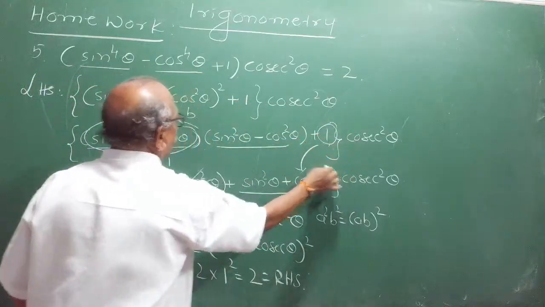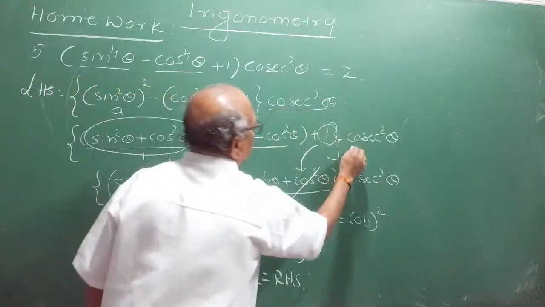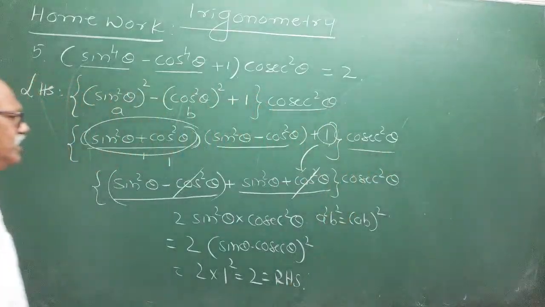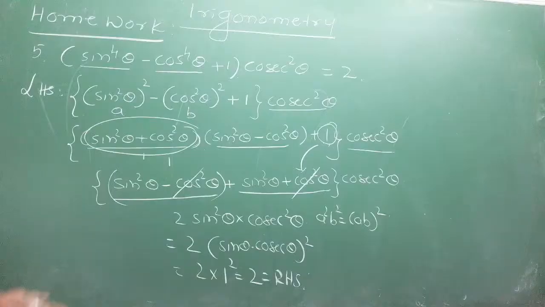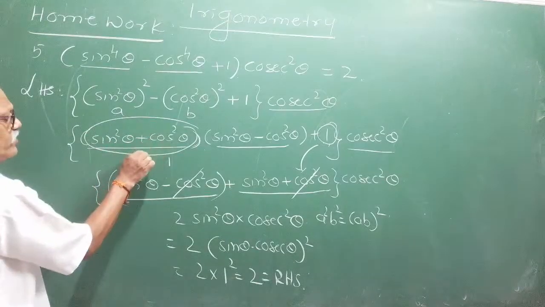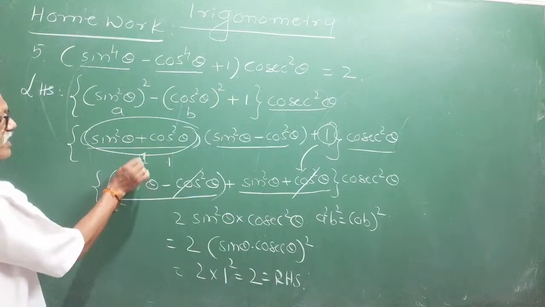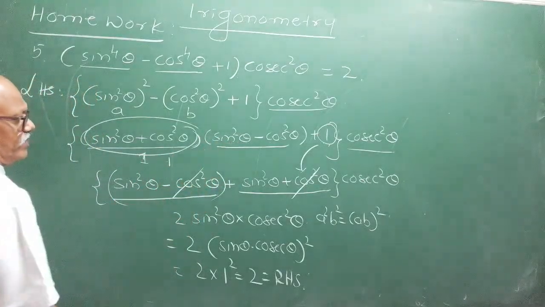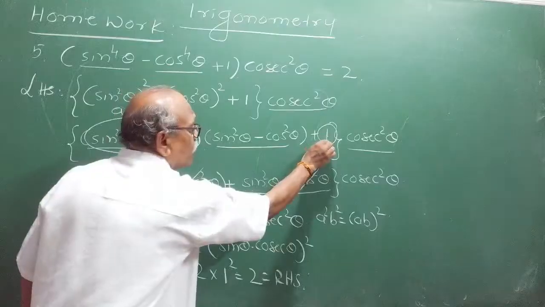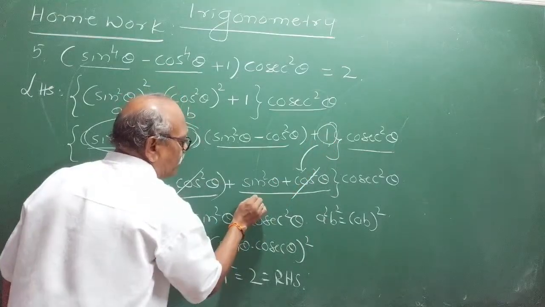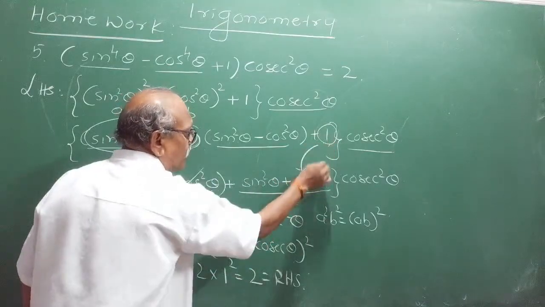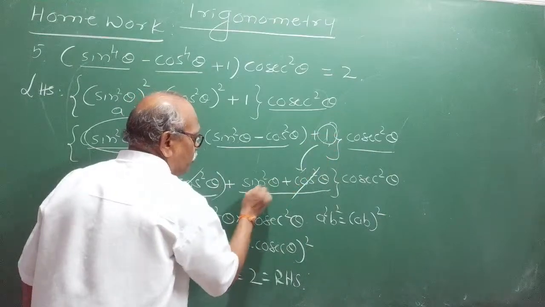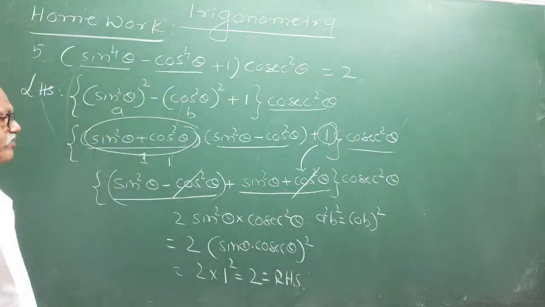I am closing the flower bracket, and cosec square theta is written as it is. Now see the interesting use of the identity. Sin square theta plus cos square theta is 1, right? This 1 into this becomes sin square theta minus cos square theta. Interesting. Now here you have plus 1. This plus 1 can be written using sin square theta plus cos square theta is equal to 1. This 1 can be substituted as sin square theta plus cos square theta.